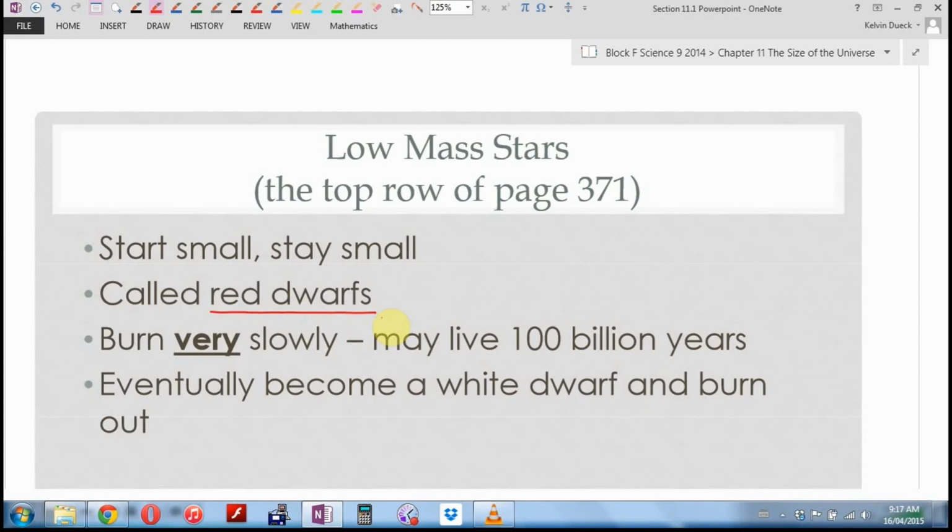We know how to name stuff, not like biology where they use Latin. They burn very slowly. They actually may live 100 billion years or so, and the fact our universe is only about 13.5 billion years old, they're going to be around for a while. We have a fairly young universe. Eventually, they become a white dwarf, not as hot, and then burn out, become a black dwarf. That's that top row.